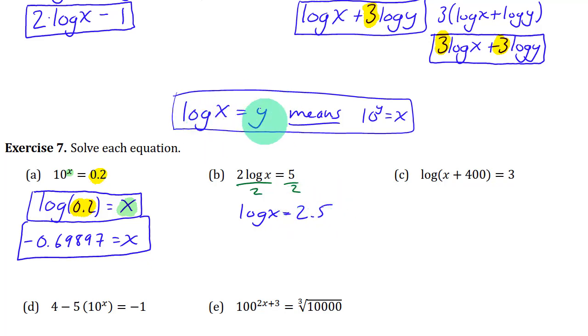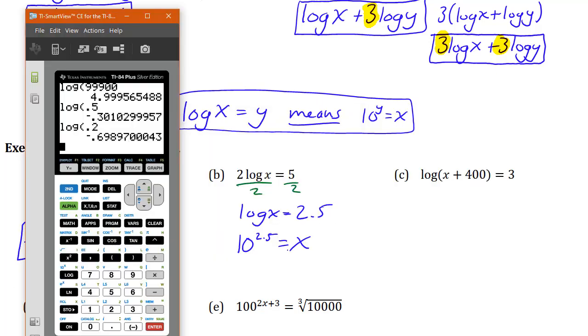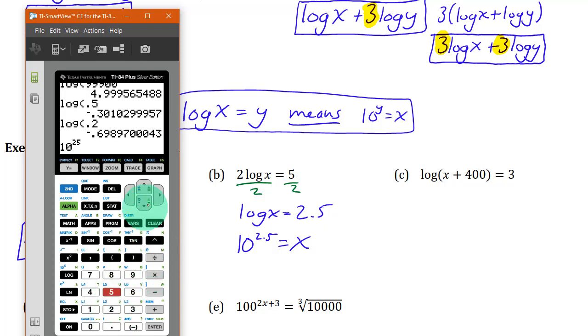Now, if you want to get rid of that logarithm, you can just write it in the other format, which is log of x equals 2.5 means that 2.5 is the exponent of 10 that results in x. 10 to the 2.5 is somewhere between 100 and 1,000. Let's see. $316.23 about.